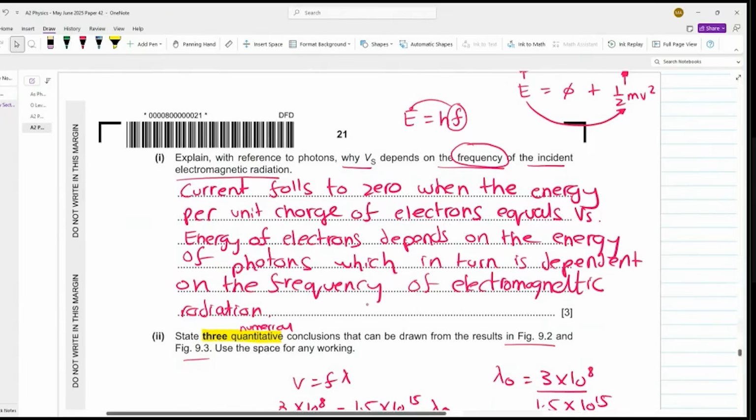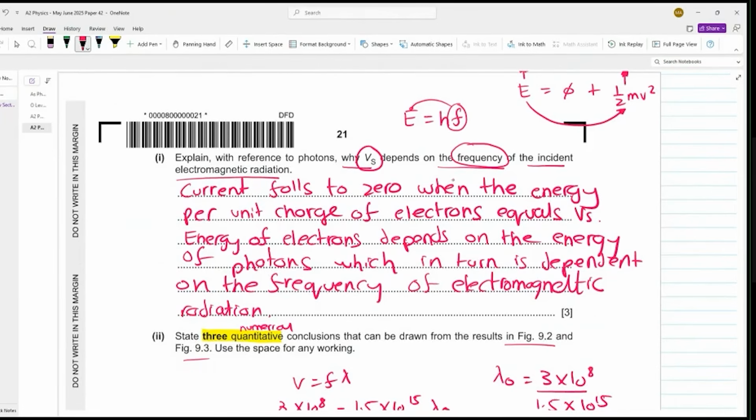Explain with reference to photons why Vs depends on the frequency of the incident electromagnetic radiation. So we have to explain how this stopping voltage Vs depends on the frequency.